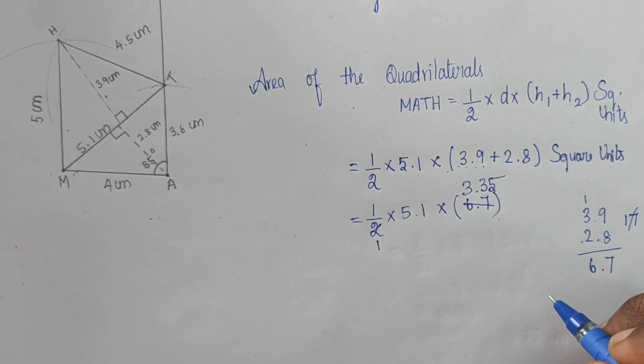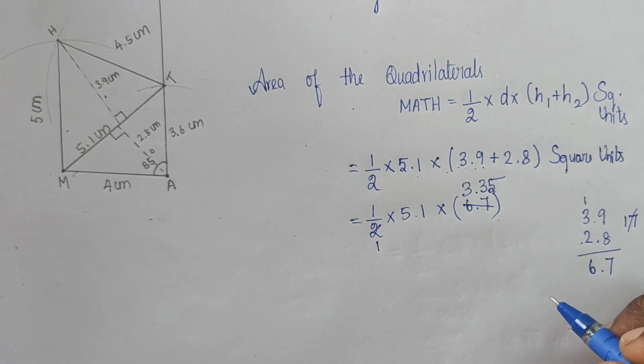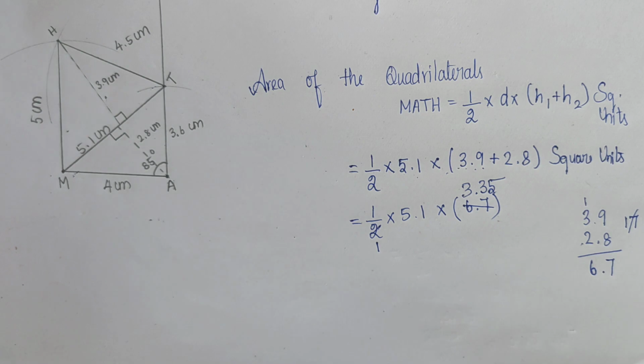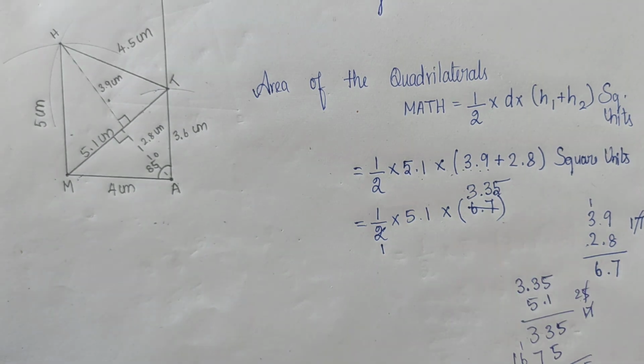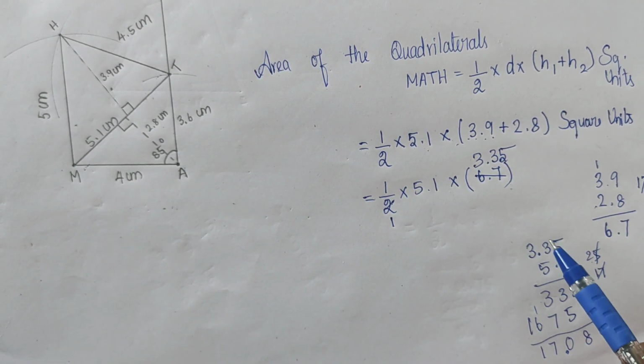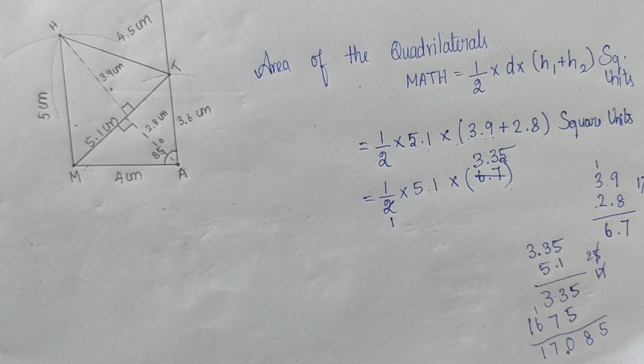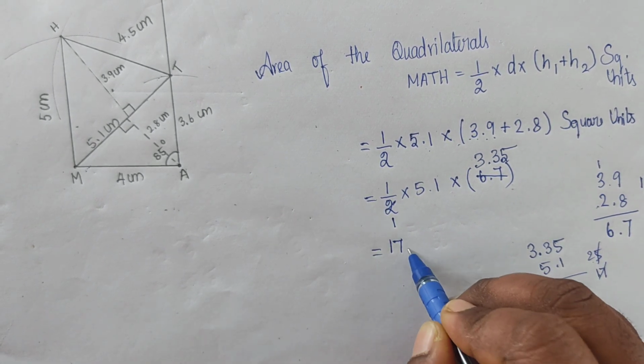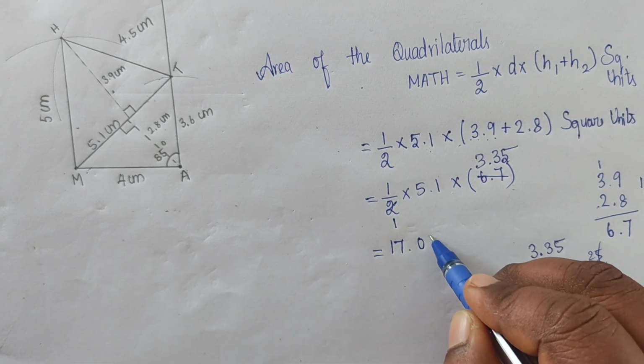So 5.1 multiplied by 3.35. Students, multiply and say the answer. The answer is 17.085.